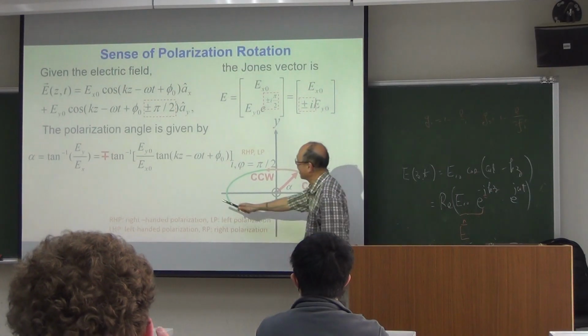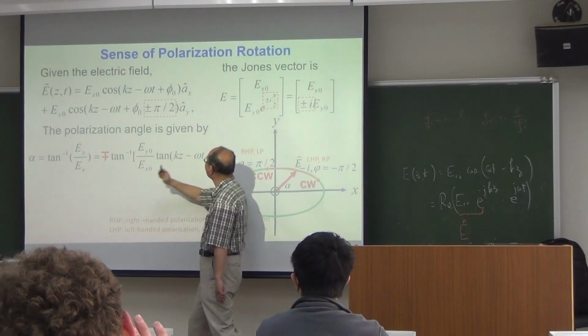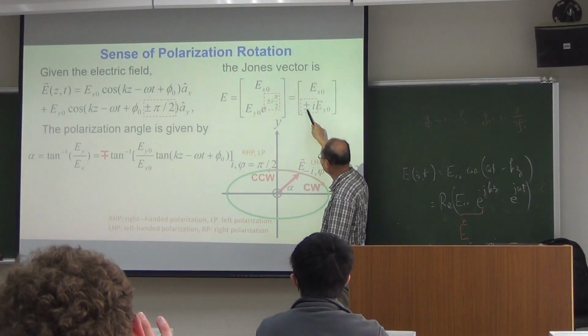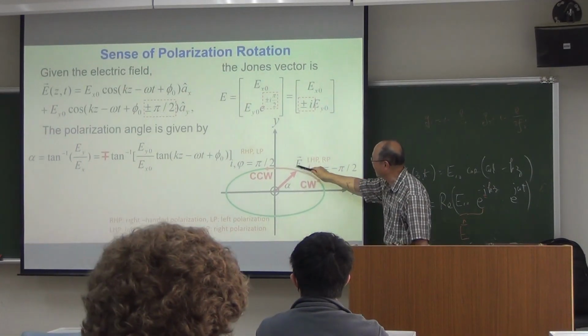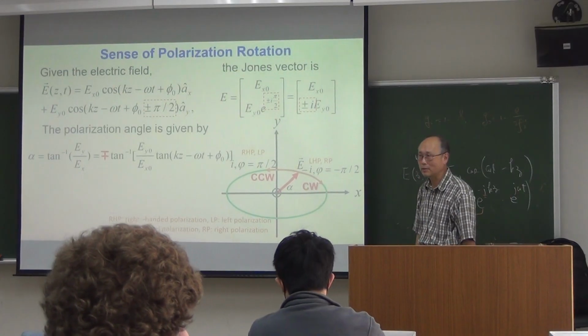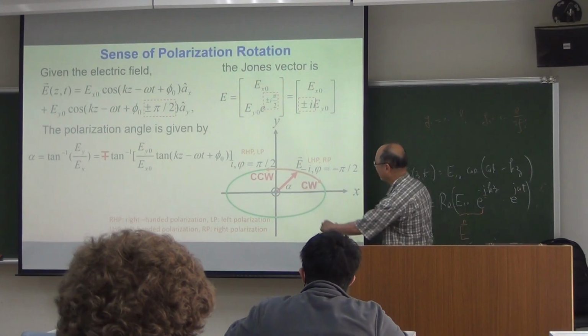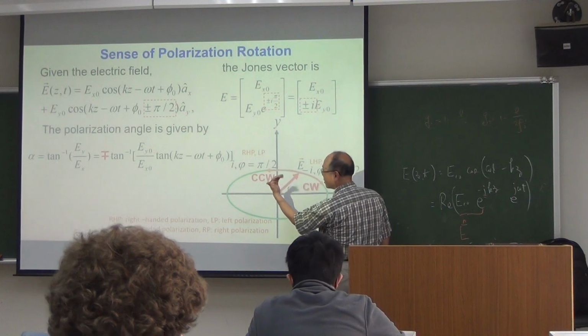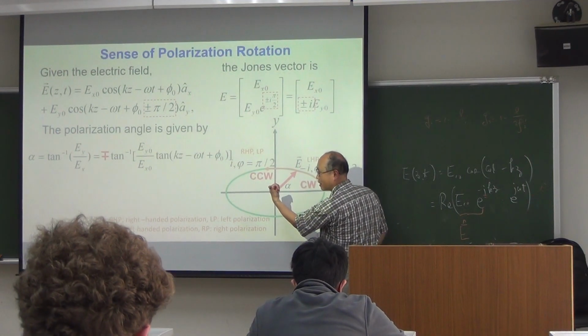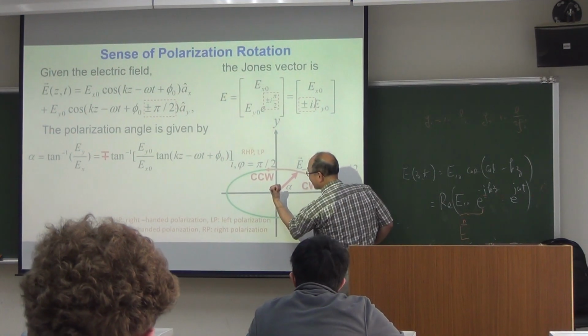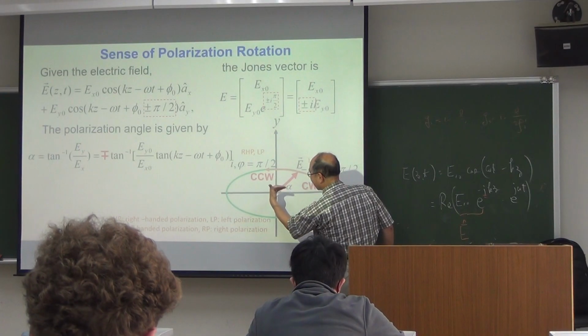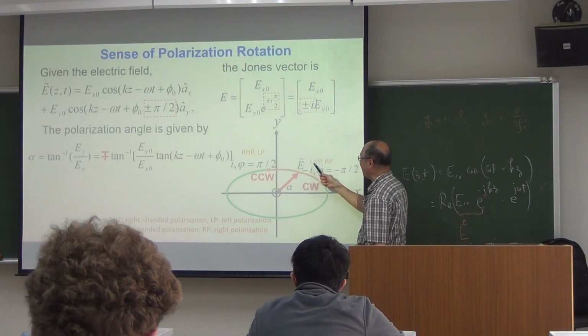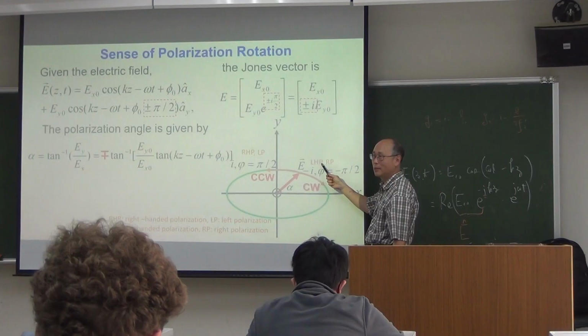I am adopting this solution that comes from this minus sign. If I want to follow this direction, I need to use my left hand with my thumb pointing toward the z direction. So we call this left-handed polarization.